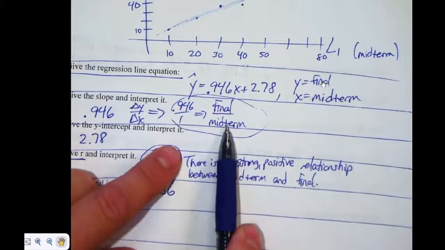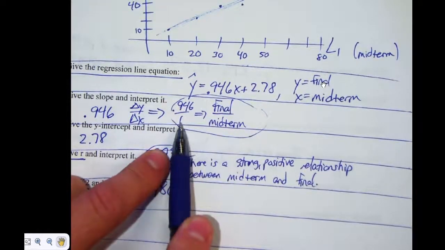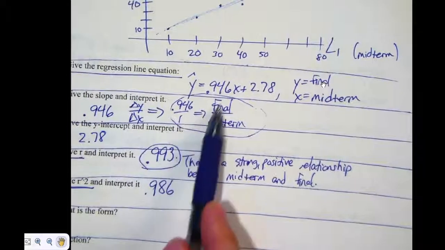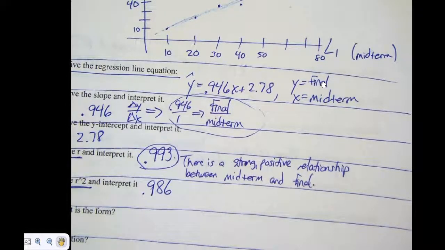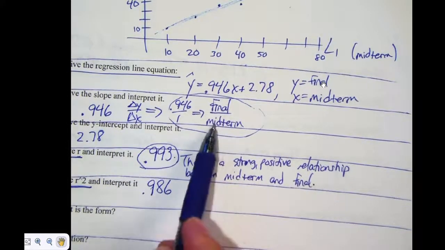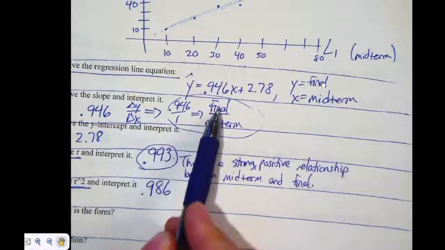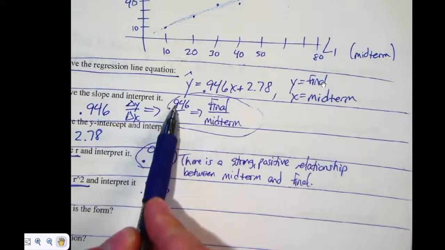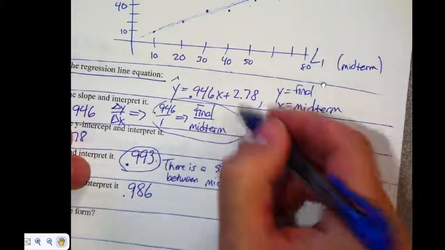When your midterm grade goes up by 1, your final grade will go up by 0.946. Can I say will? I have the general phrasing right, but I gotta say the predict part. When your midterm score goes up by 1, we would expect your final score to increase by 0.946. Fair enough? So write that.